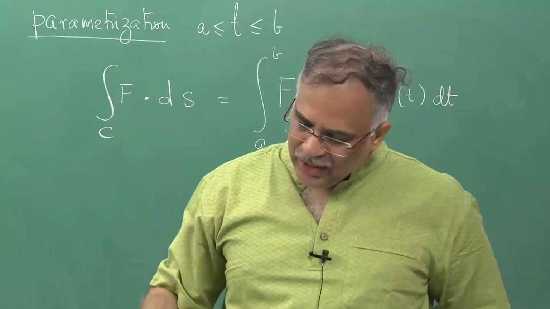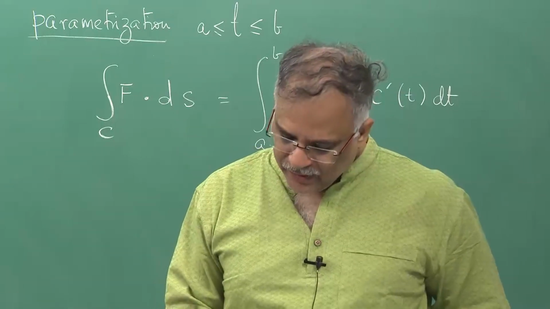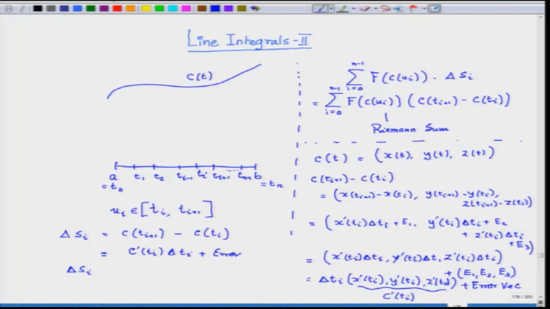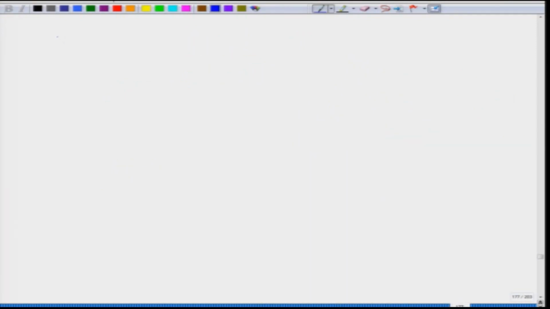Now, if the error is very small, delta Ti is very small, then you can approximate delta Si as C dash of Ti delta Ti. So, in that case, the Riemann sum can be approximately written as the sum from i equal to 0 to n minus 1 of f of C of Ti dot C dash Ti into delta Ti.